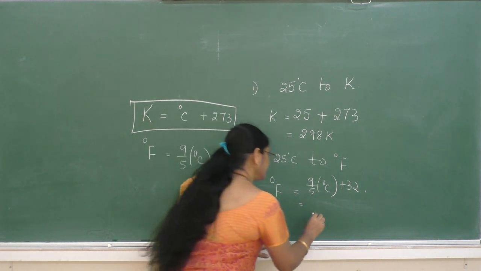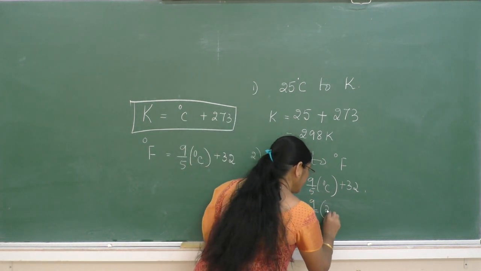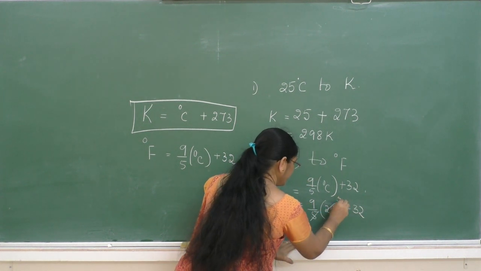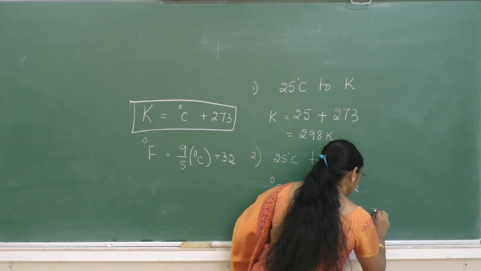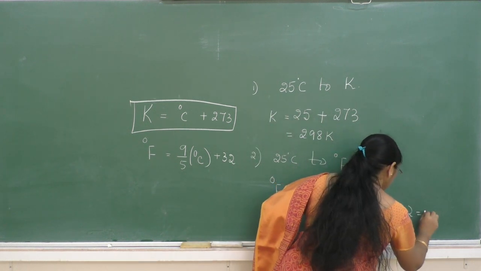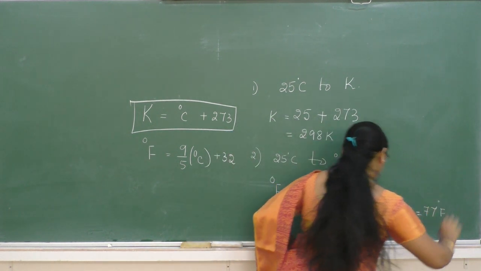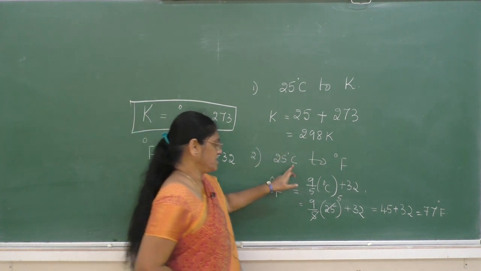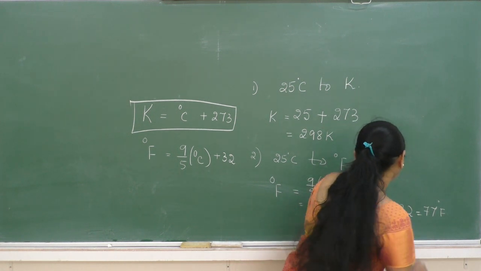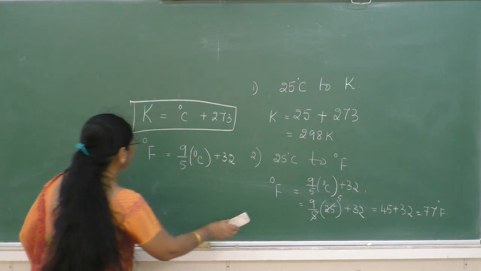The temperature is 25 degree Celsius, so I will write here 9/5 into 25 plus 32. 5 fives are 25, 9 fives are 45, so this is equal to 45 plus 32, which is 77 degree Fahrenheit. So 25 degree Celsius is equal to 77 degree Fahrenheit.